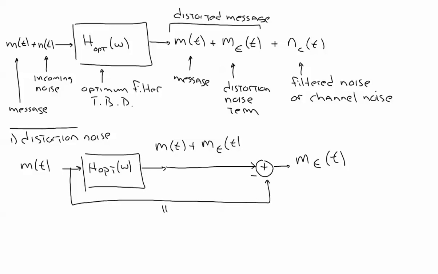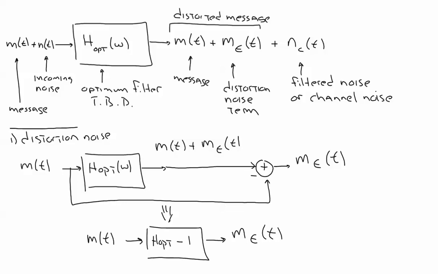So all of this can be written as H optimum minus 1, some filter, H optimum minus 1. If I apply my message signal to H optimum minus 1, I get out the distortion noise term. All right? Let's go to the next page. I'm interested in the distortion noise power.